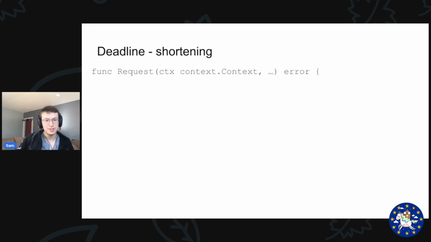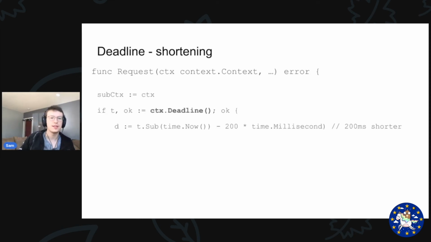A common pattern I've seen that I think is kind of interesting is that a lot of times you will want to shorten a deadline for sub requests. So you're going to make a bunch of sub requests, but you want to shorten the deadline so that you have a little padding at the end. You would get the deadline in the same way, but this time you do math. Let's say we want 200 milliseconds at the end.